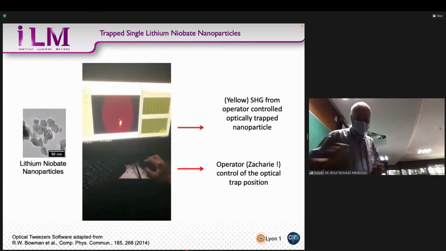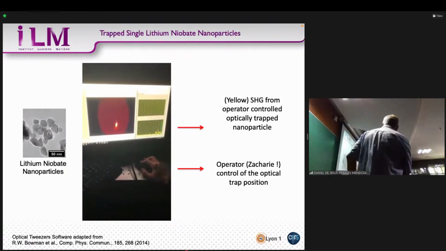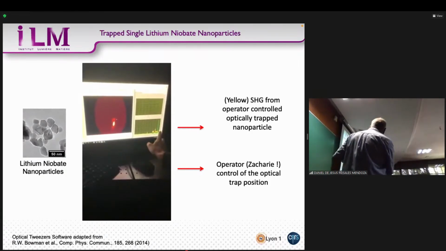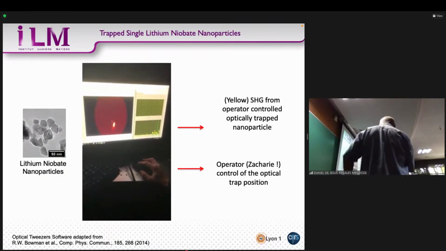Okay, so this is a live experiment. So you see the particle up, it's in the beam, and then it's removed. And actually, it's not very good. This is me taking the film, so that's why it's bad.